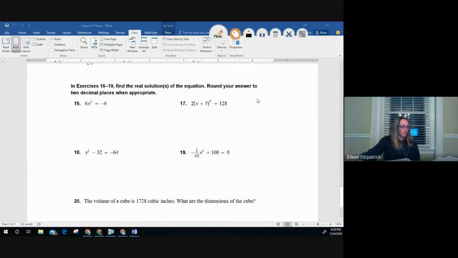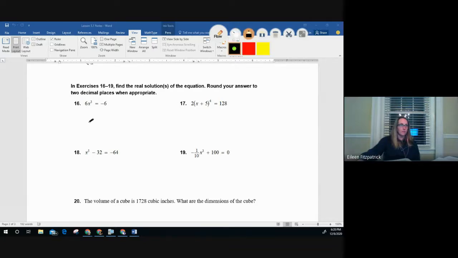All right. Find the real solutions of the equation, rounding your answer to 2 decimal places when appropriate. So you want to isolate the variable, and then we're probably going to have to take the cube root, the fourth root, the fifth root of both sides of the equation, depending on what the exponent is.